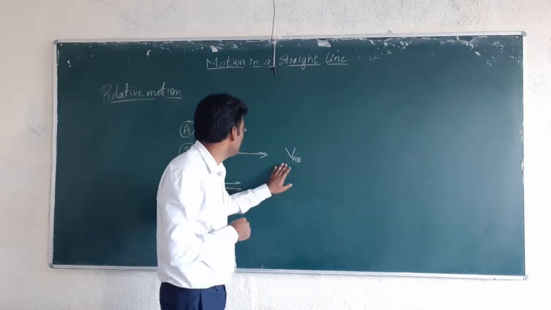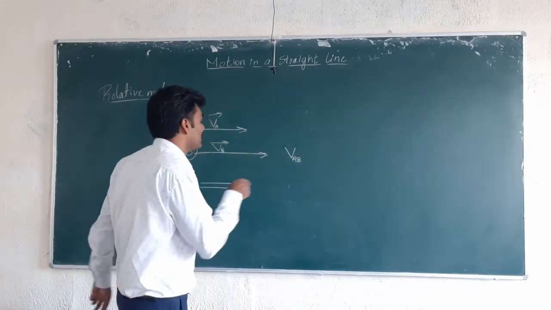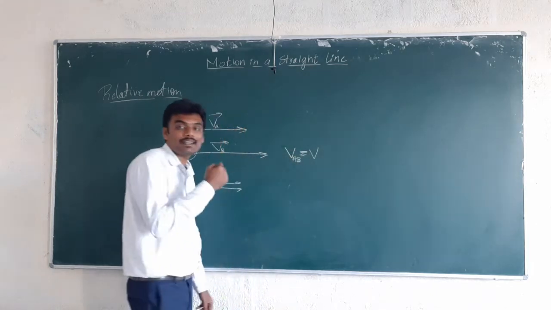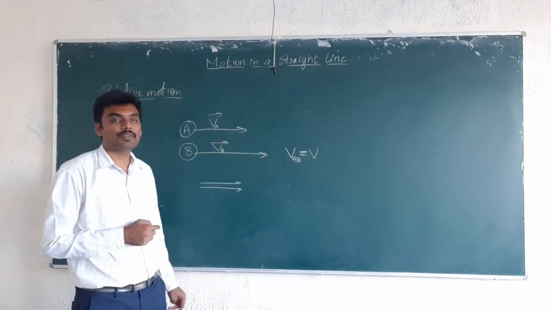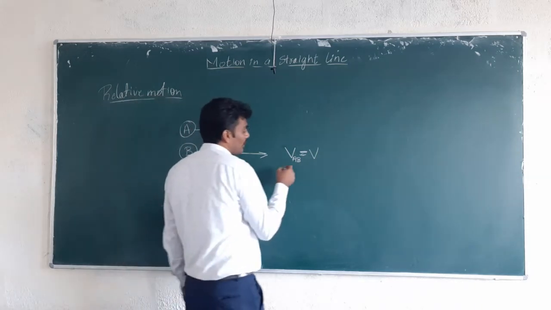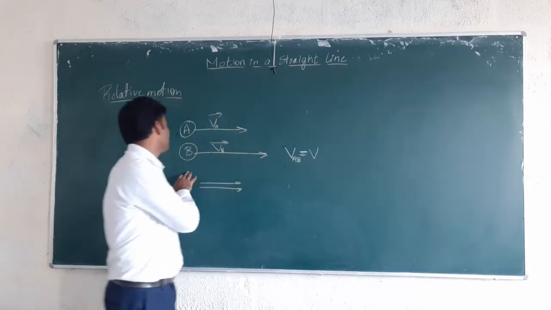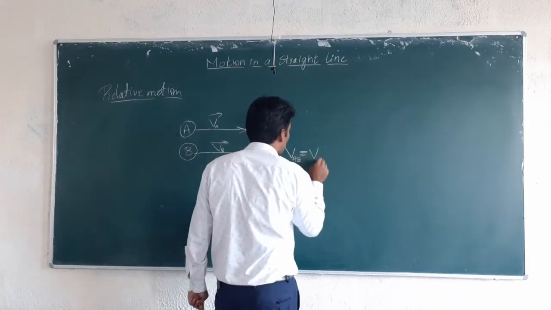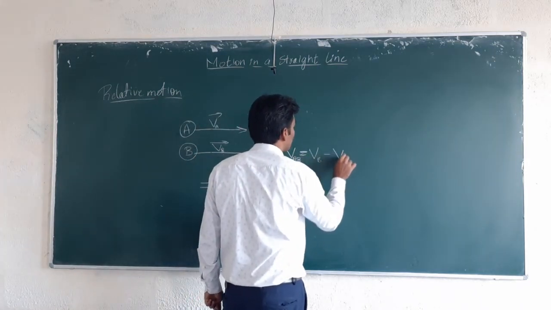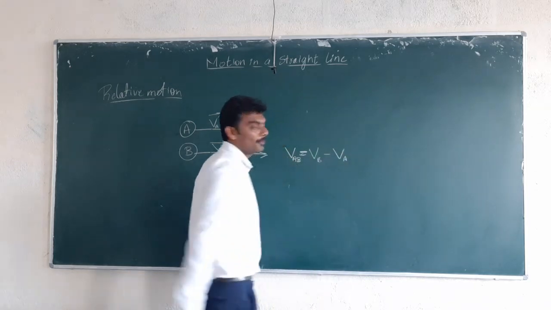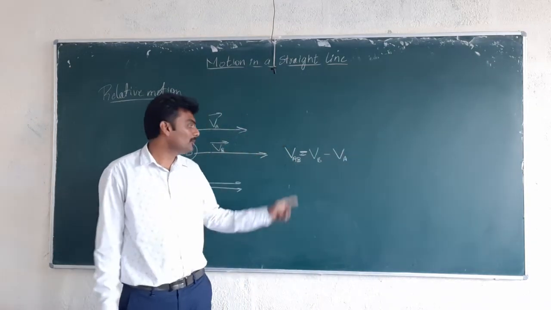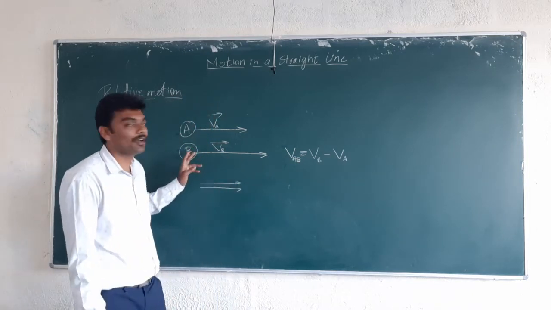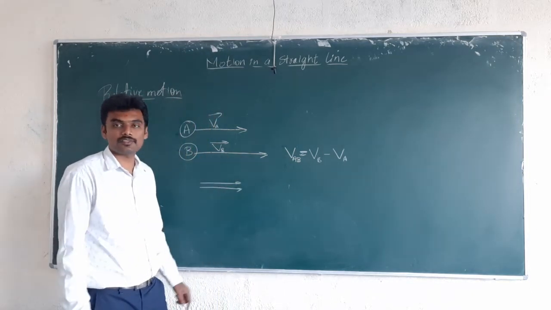So the relative speed when both the bodies move in the same direction is going to be the difference between their velocities. Say if B has the greater velocity, then the relative velocity is Vb minus Va. Vb minus Va is the relative velocity when both the bodies are moving in the same direction.